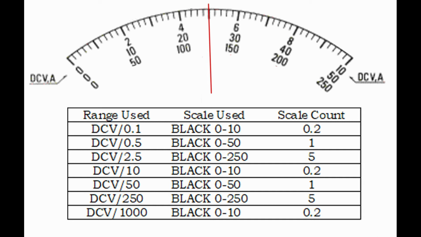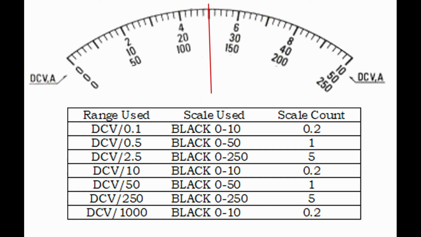For the scale reading, we are going to identify which scale our pointer in the analog multimeter points to. For example, we have here the red line in the picture, which indicates the fluctuation of the pointer.